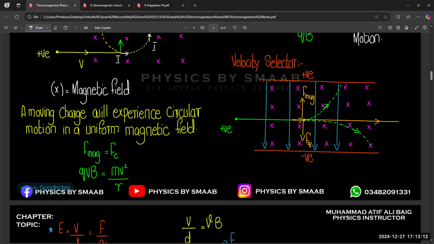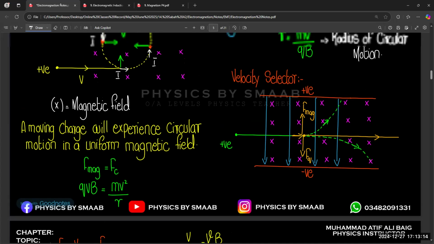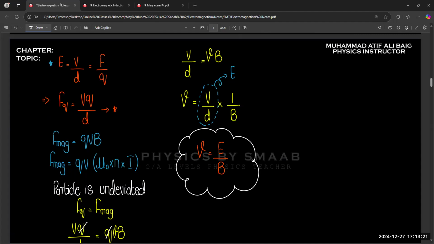But we have another idea called charge to mass ratio, or fine tube experiment. That is the topic we still need to complete.